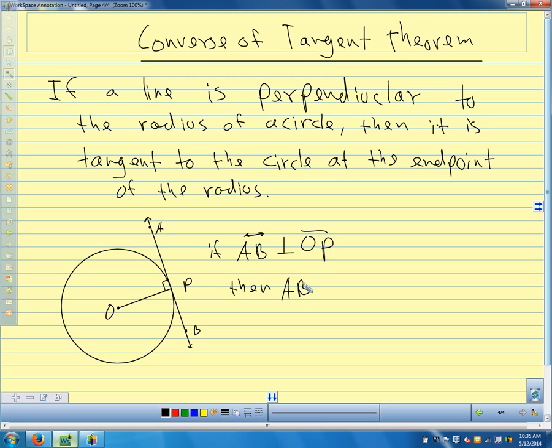Then line AB is tangent to the circle O, at P. So if we know that angle is 90 degrees, that guarantees us that we're talking about a tangent line.